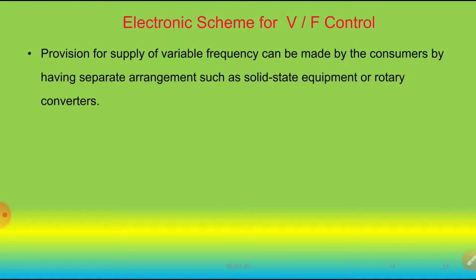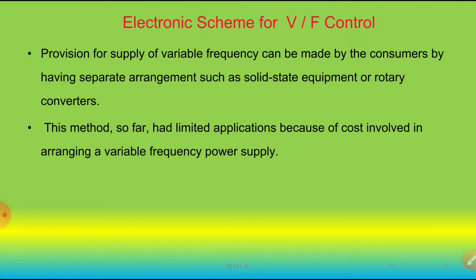Now the provision for supply of variable frequency can be made by consumers by having a separate arrangement such as solid state equipment, that is SCRs, diodes, IGBTs, MOSFETs. Whatever the latest solid state devices can be used to control these things. Or rotary converters.